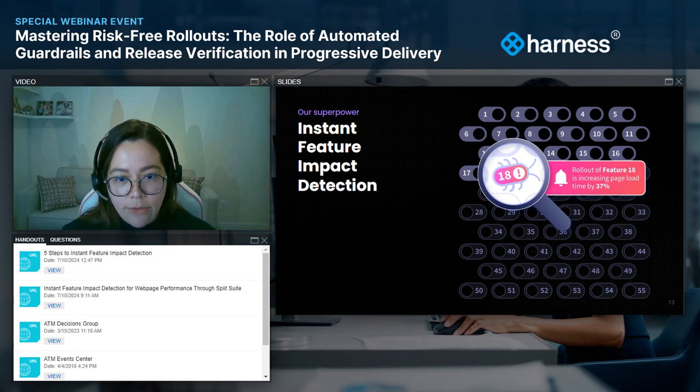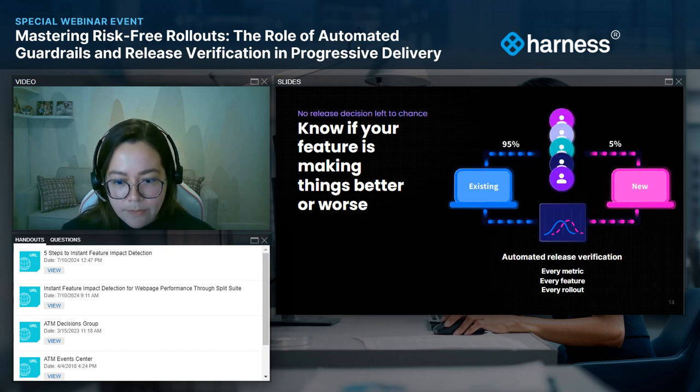As Evie talked through, not even APM tools can detect impact automatically to get to that feature level observability the way Split FME can. That gives you the certainty to decide if you want to continue your rollout on the path to 100% of your intended audience, or if you need to pause and roll things back.